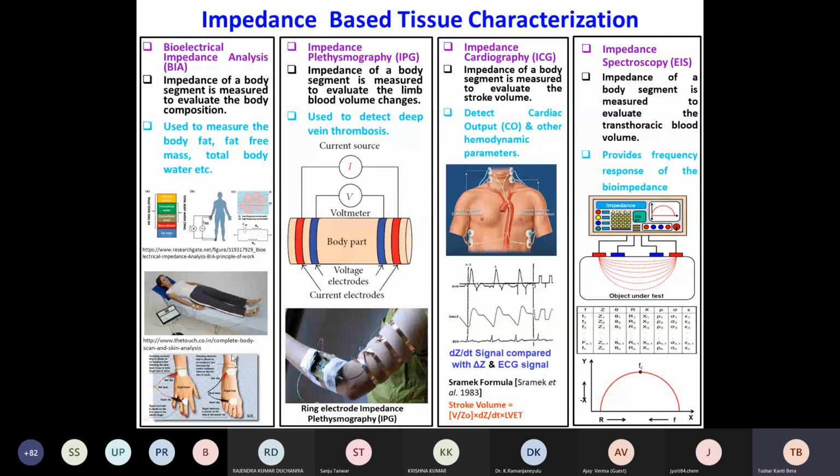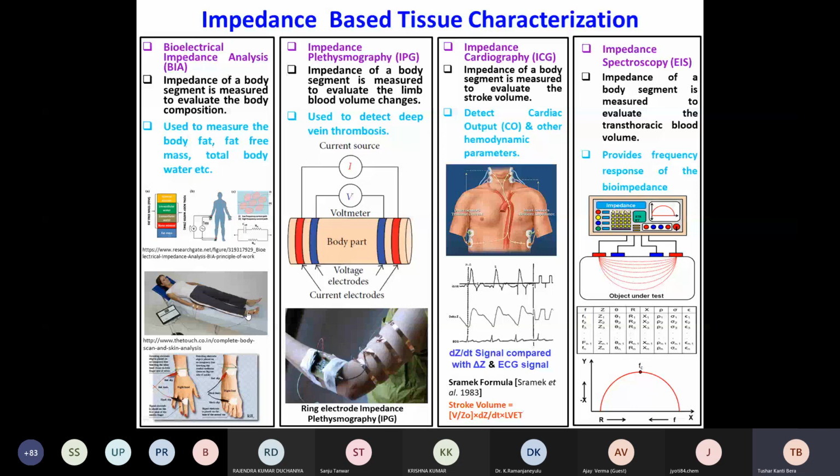Bioelectrical impedance analysis is a 4-electrode technique, with 2 electrodes on the hand and 2 electrodes on the leg, and it will be able to collect the impedance values of the tissue and body parts depending on the position of the electrodes. The impedance of this portion, from the right leg to the right hand, gives the impedance, and after applying some formula or mathematical theorem, we can get the tissue properties of the subject under test.